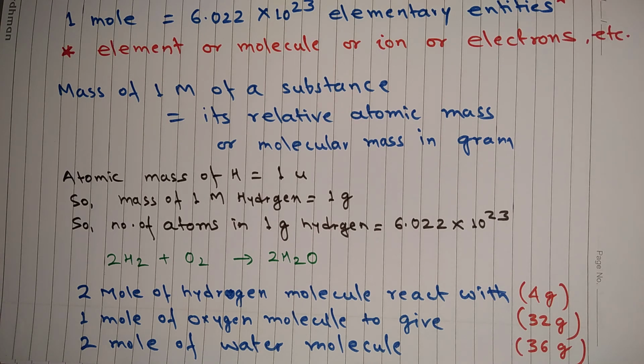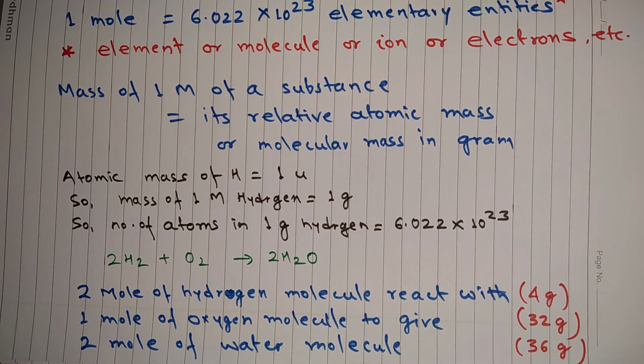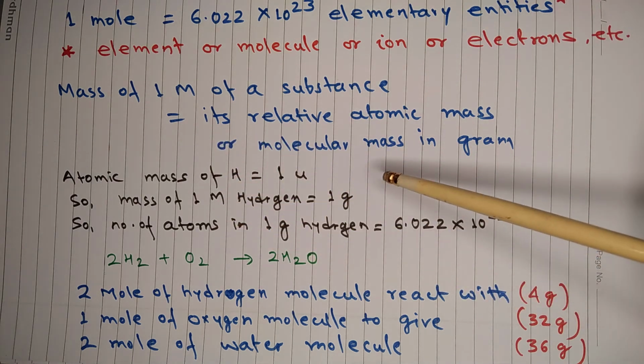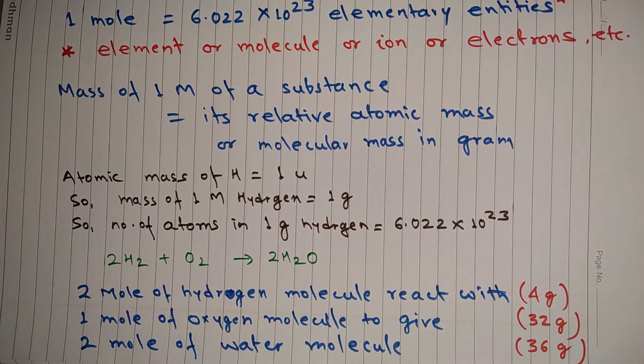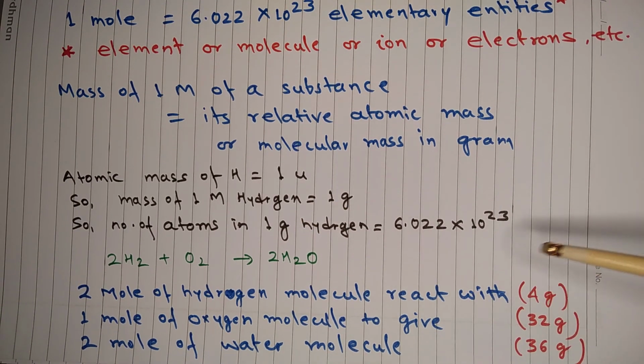Now the mass of 1 mole of a substance is equal to its relative atomic mass or molecular mass in gram. What does it mean? It means that, let us say the atomic mass of hydrogen is 1 U. So the mass of 1 mole of hydrogen will be equal to 1 gram, and number of atoms in 1 gram hydrogen will be 6.022 into 10 power 23.